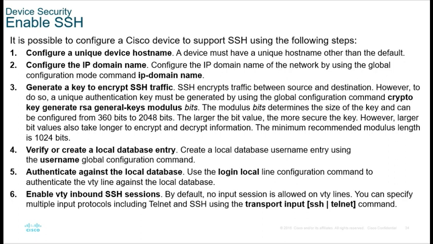Next, for access to our routers or switches, we can give remote access using SSH. There is an alternative for remote access, which is Telnet. Telnet is plain text and we don't want that, we want more secure SSH where the password and all communication are encrypted. So these are the steps. You can try to configure a unique device host name, an IP domain name, then generate a key and use a local database, and then authenticate against the local database.